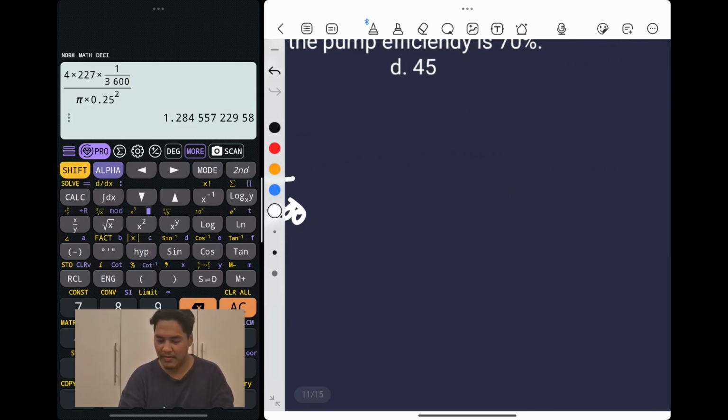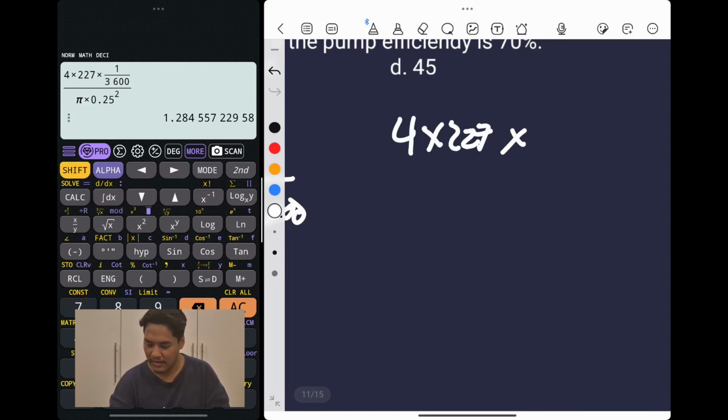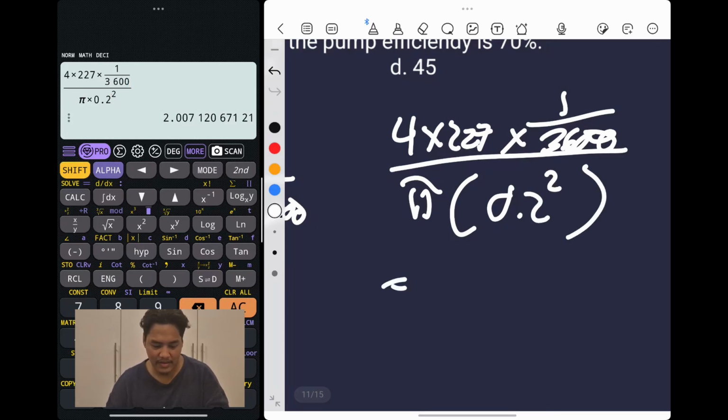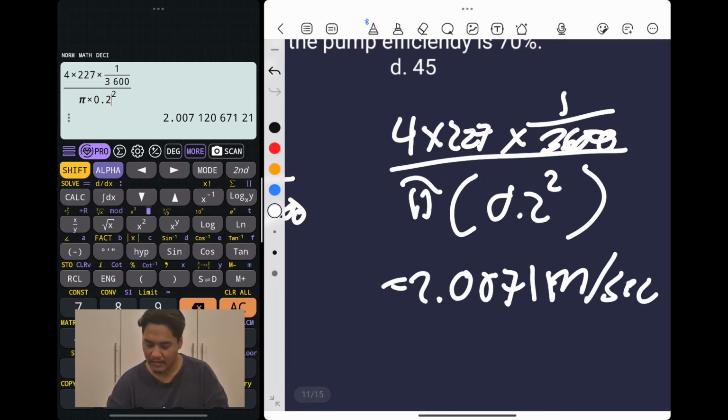Then next, para makuha naman natin yung pangalawa, same process lang. 4 multiplied by 227 times 1 over 3600 over pi multiplied by 0.2 squared equals, 0.2. Lumalabas na 2.0071 meter per second. So meron na tayong yung inlet at outlet velocity.